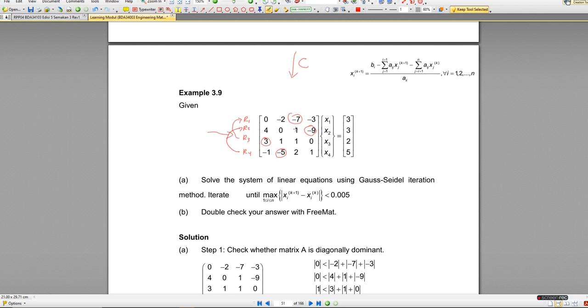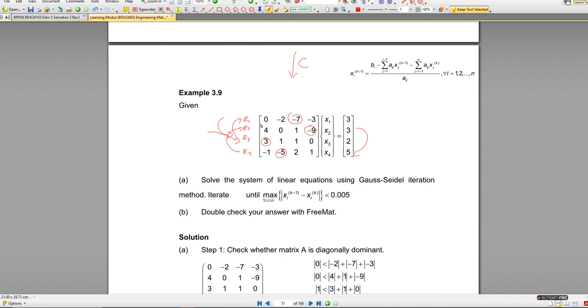And then the third column, the highest is 7. So from row number 1 should be rearranged to row number 3. And then column number 4, the highlighted value is minus 9, so from the second row to the fourth row. So this is the process to rearrange the rows of the matrix.